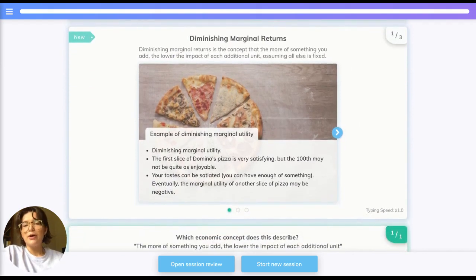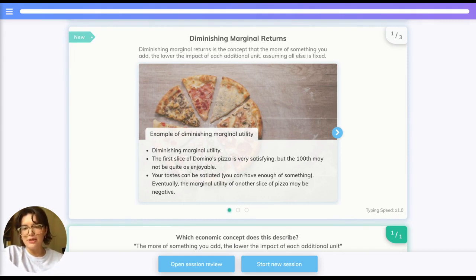So next we're going to broach the concept of diminishing marginal returns. Diminishing marginal returns is the concept that the more of something you add, the lower the impact of each additional unit is, assuming everything else is fixed. So let's finish this with an example.